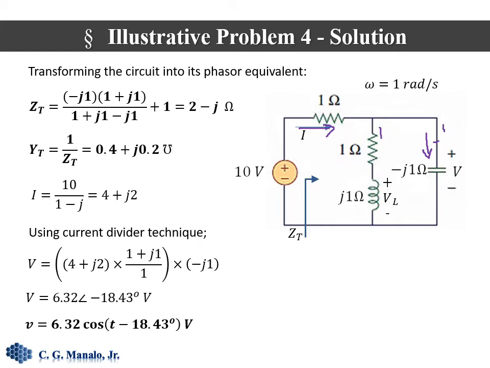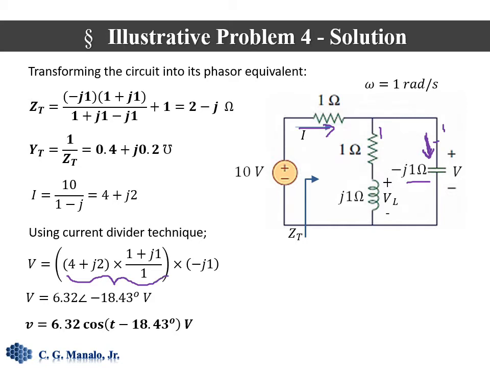First we're going to compute this current, and after computing it, we can multiply it by the capacitive reactance of the capacitor. This current here is this portion.